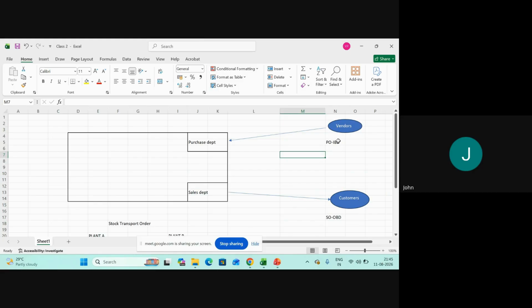For example, ice cream, some refrigerated items, or milk products. If I send a normal truck, will it be okay to pick up those goods? No, we can't. So how will the system know that I should send, for this particular material, a refrigerated truck? How should the system know that?